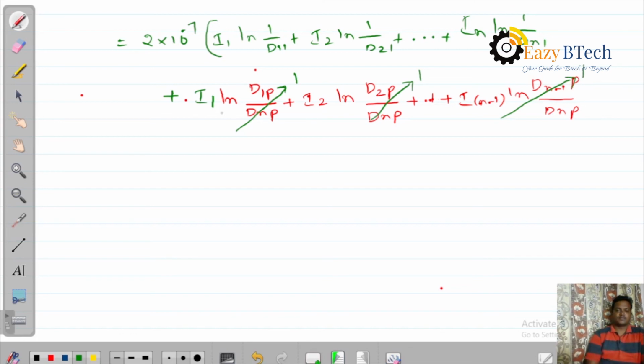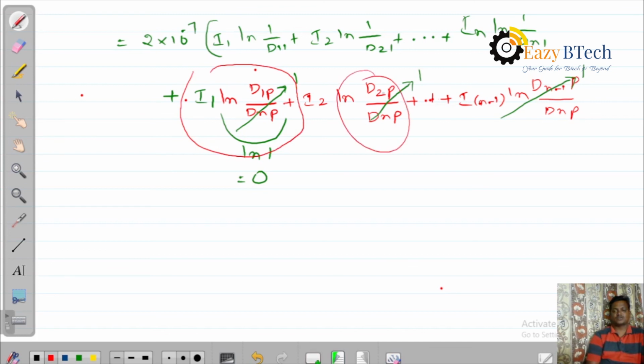From this expression, ln of 1 becomes 0. Therefore, the entire part, this one becomes 0, this one becomes 0, and this one becomes 0. The remaining expression is only this. We have to rewrite this expression.